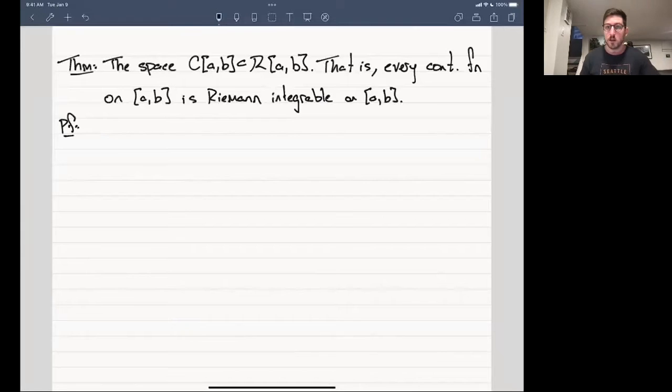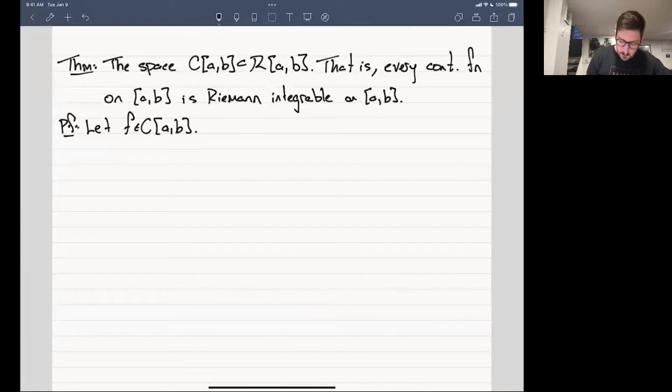The proof is going to use Darboux's criterion. So what we want to do is pick an arbitrary continuous function and show that this thing is itself Riemann integrable. So let f be a continuous function on AB.